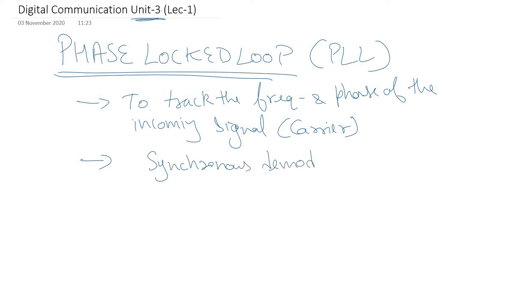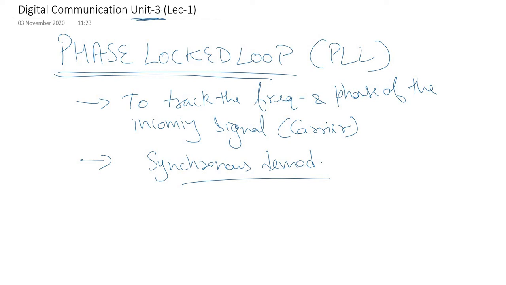It's a very important device for synchronous demodulation of different modulated signals, amplitude modulated signals where we suppress the carrier. For those modulated signals, we require the synchronous type of detection, synchronous type of demodulation, wherein we need to generate a locally generated carrier signal whose phase and frequency are exactly synchronized with the phase and frequency of the carrier signal used at the transmitting end.